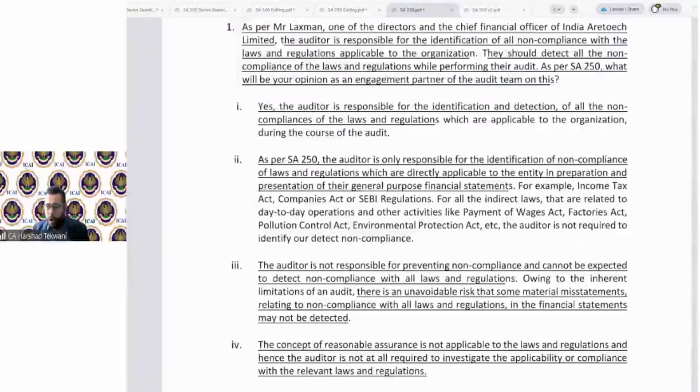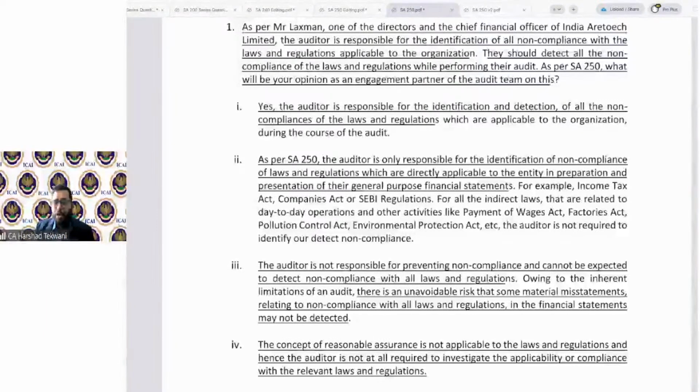Hence, it's not the role of the auditor to identify and detect the non-compliance. It's the role of the management or those charged with governance to ensure that the entity's operations are conducted in accordance with the provisions of laws and regulations applicable to that particular entity. It's their responsibility.